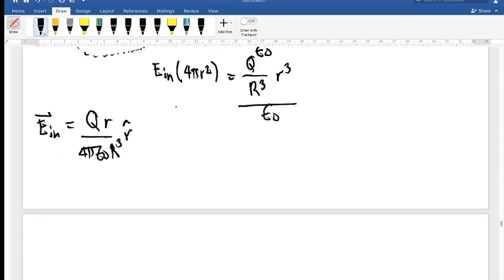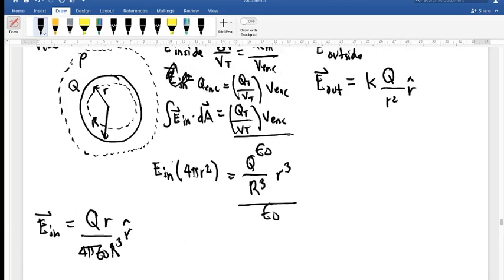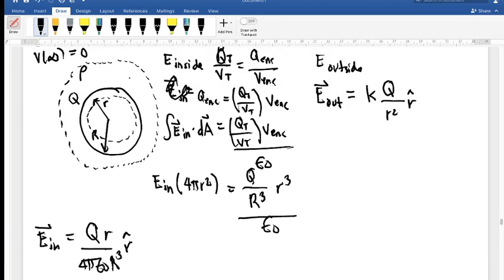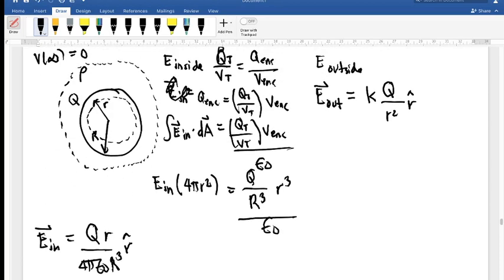So electric potential when r is greater than R, let us first look at the outside of the Gaussian surface. So this is our Gaussian surface outside, from infinity to a point here. This one represents the potential outside the insulating shell.